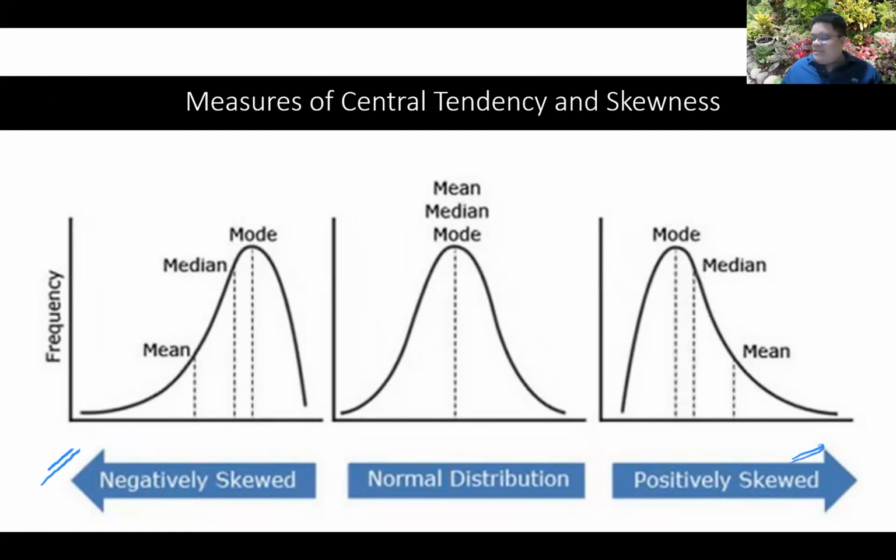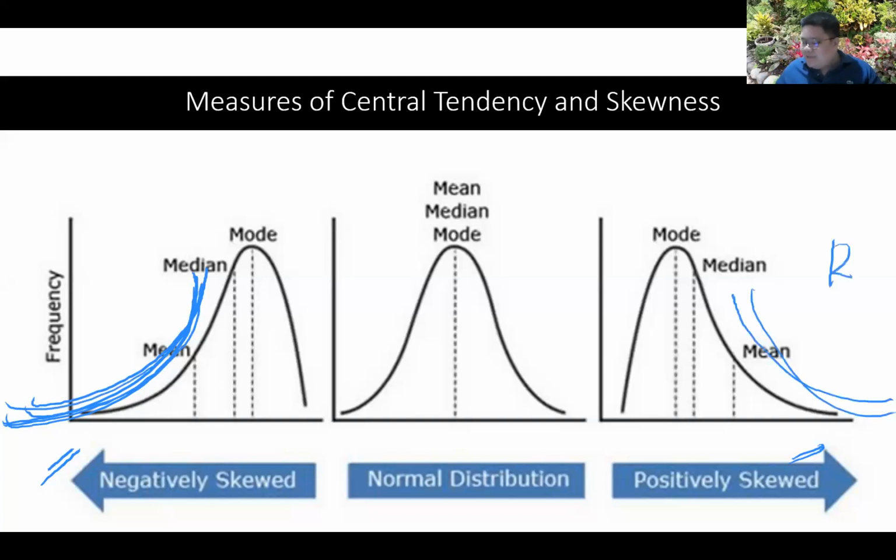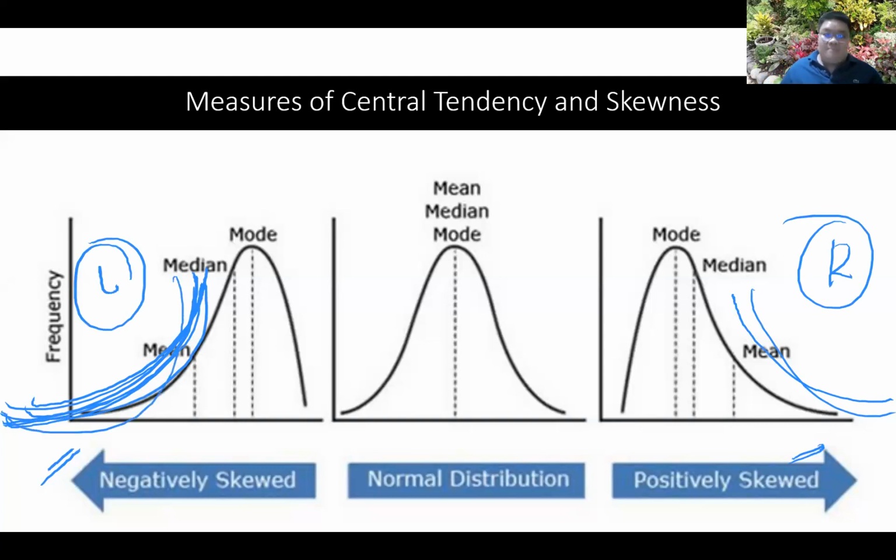Pag titingnan po natin yung skewness, ito po yung part class na parang pababa. This is the part that is leaning like this. That's why this one is referred to as negatively skewed. Tapos ito class is positively skewed or skewed to the right. This one naman class is negatively skewed or skewed to the left.